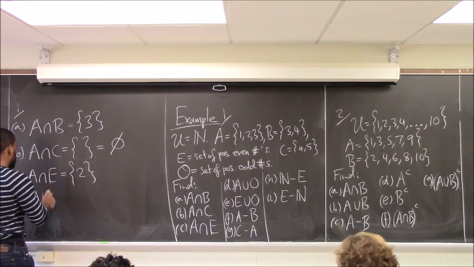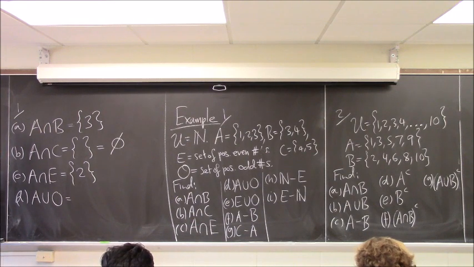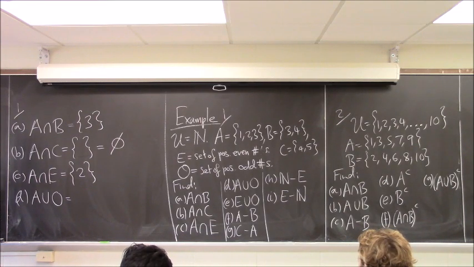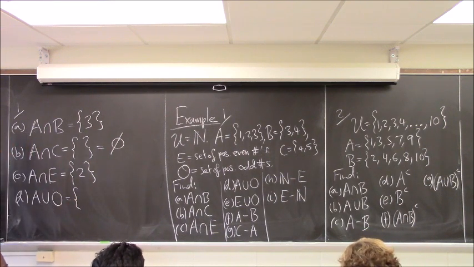What's A union O? X such that X is an element of O, or X is equal to 1, or X is equal to 3. So how can you write that down? X, then the line thing.